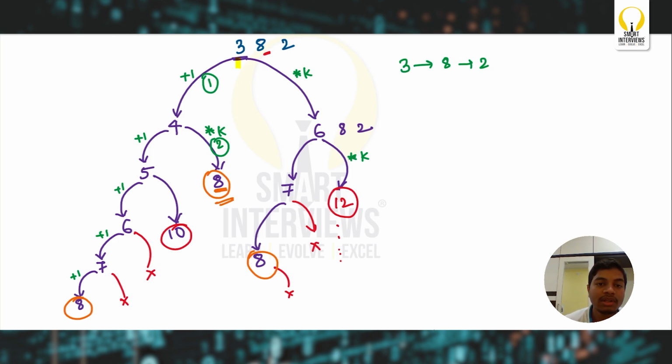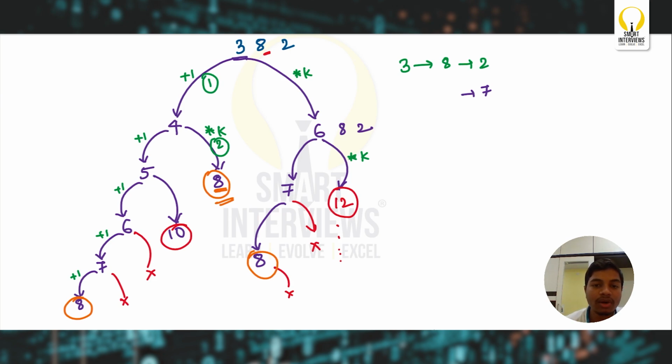So if you follow this path, you convert 3 into 8 in just two operations. And if you try to extend this in this way, how many operations does it actually take? Yes, it is going to take seven operations.